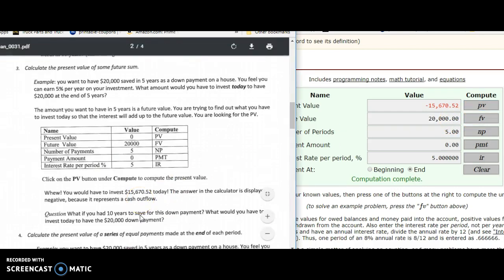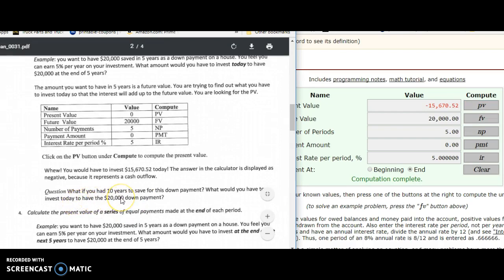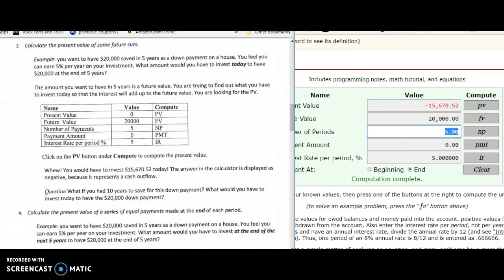So the next question is, what if you had 10 years to save instead of 5? So if we change the number of periods to 10 years, you would only need 12,000 right now, and it would grow to 20,000.